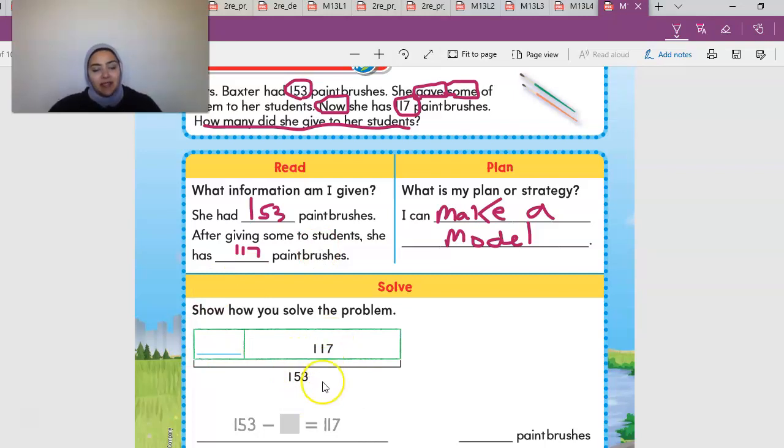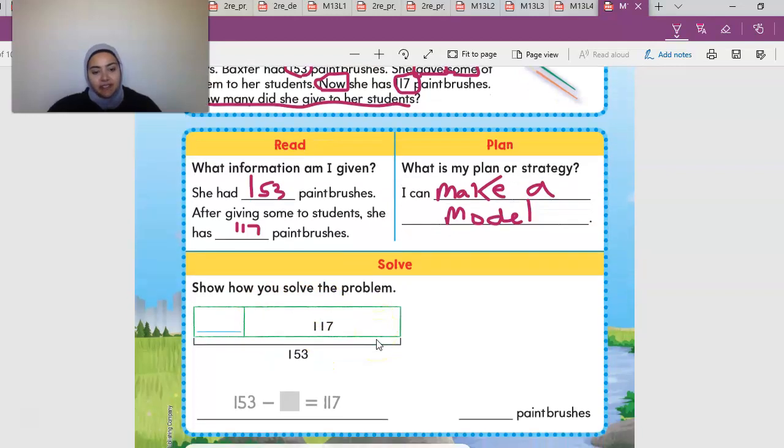Paintbrushes. And then we know that the number here is 117 because after she gave some to her students, she had that much. So the number sentence is going to be 153 take away, we don't know how much, equals 117.